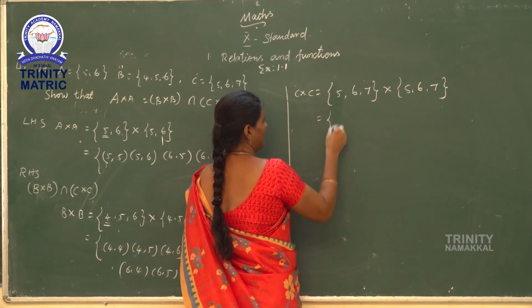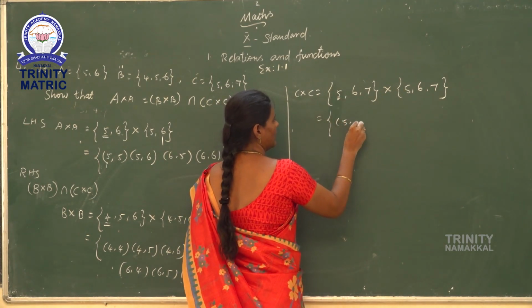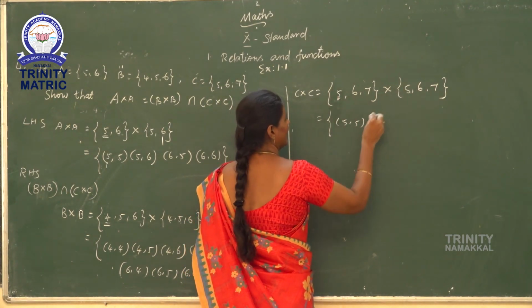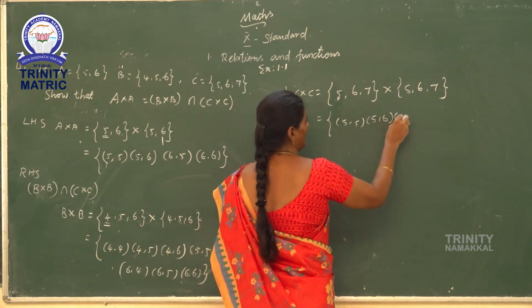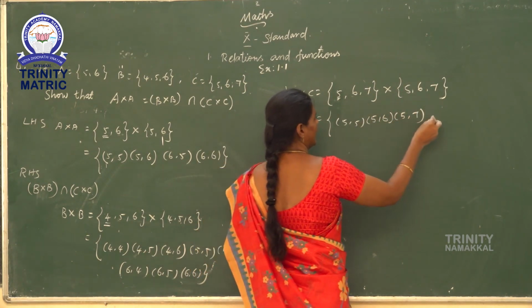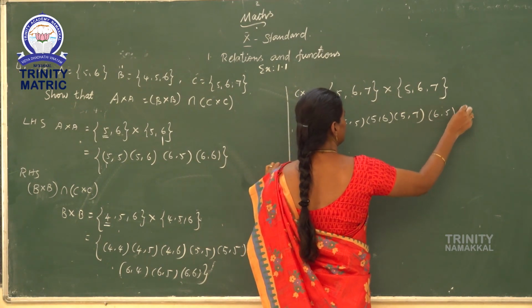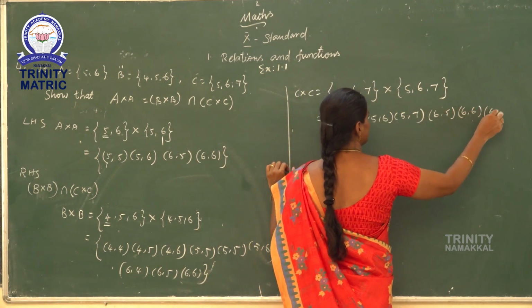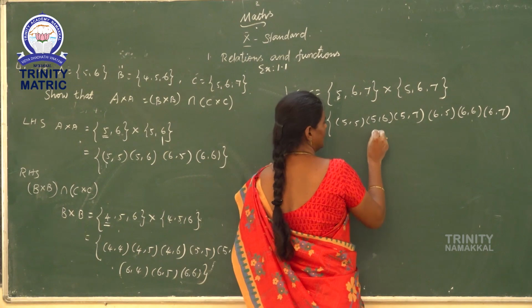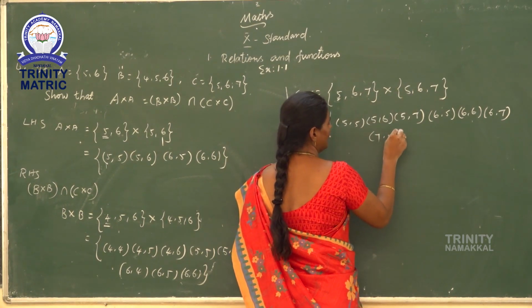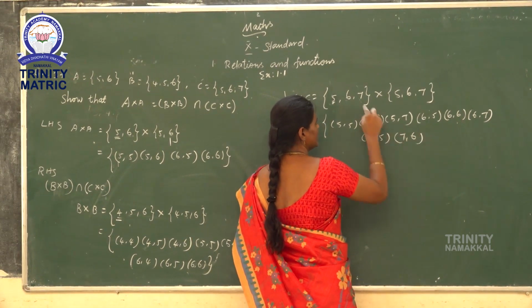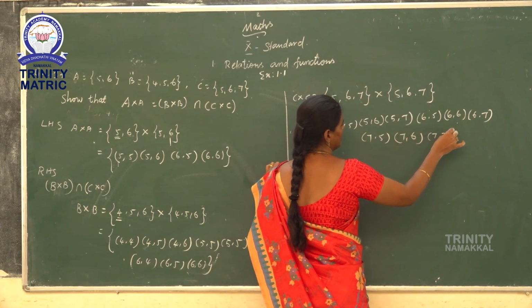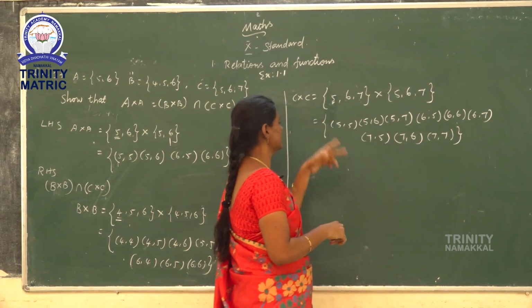Now we write in ordered pairs. First we take 5, 5, 5, 6, 5, 7. Then we take 6, 5, 6, 6, 6, 7. Next we take 7, 5, 7, 6, 7, 7. This is C cross C.